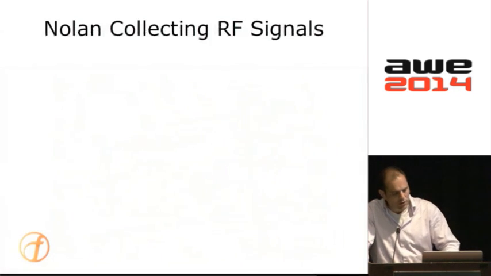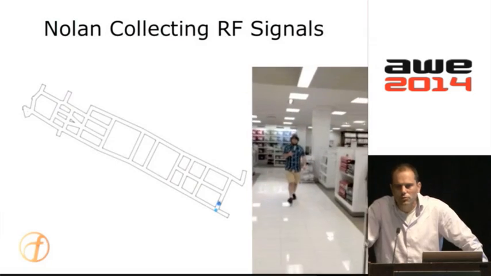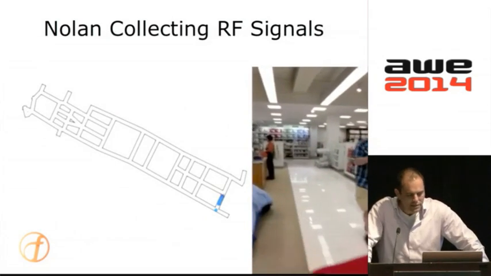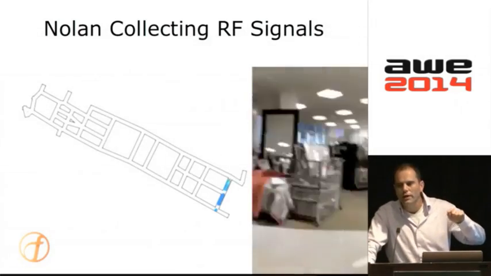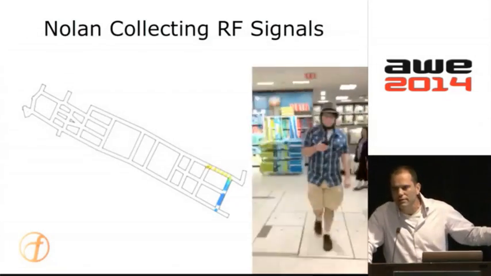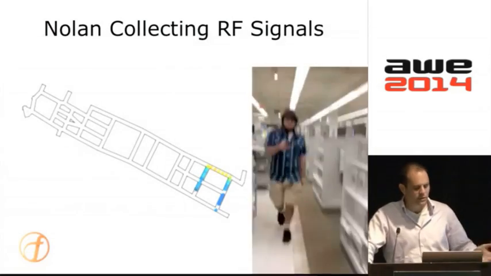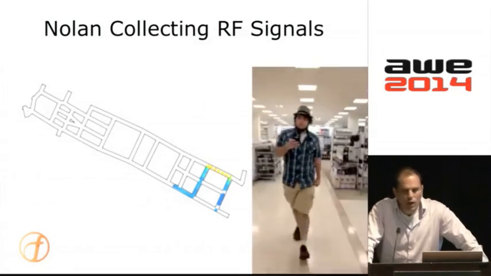So here is Nolan again. Now we send him to a Macy's store in Herald Square in New York City. This is another large retail store, but this time, more than just knowing where he is when he walks with the phone like that, we also collect the RF signals, the Wi-Fi networks. In this case, we're plotting here one Wi-Fi network.